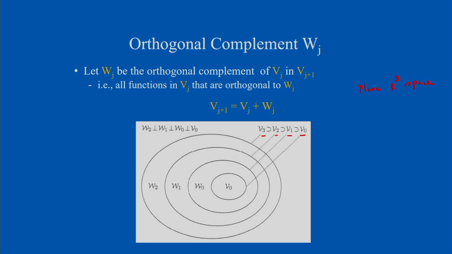Then the orthogonal complement of that plane is the line that is normal to the plane and passes through the point 0, 0, 0. So that is the concept of the orthogonal complement.